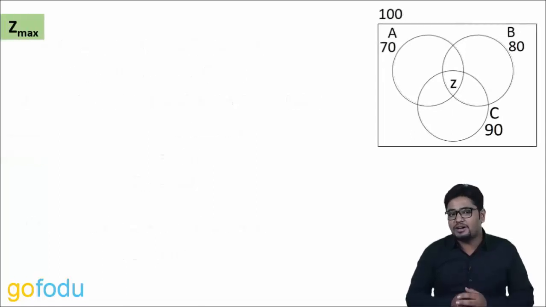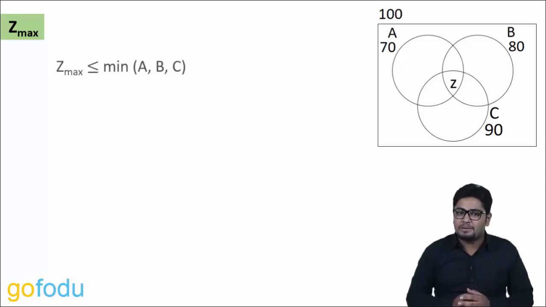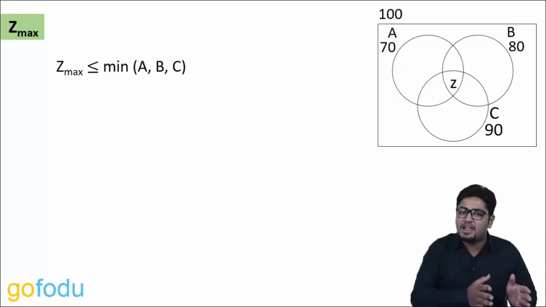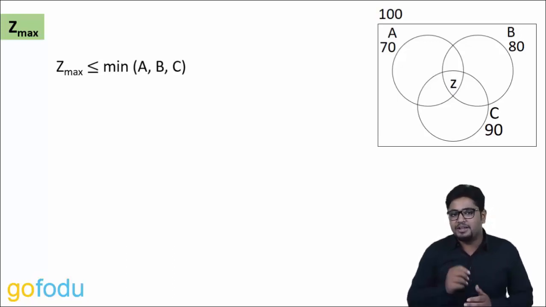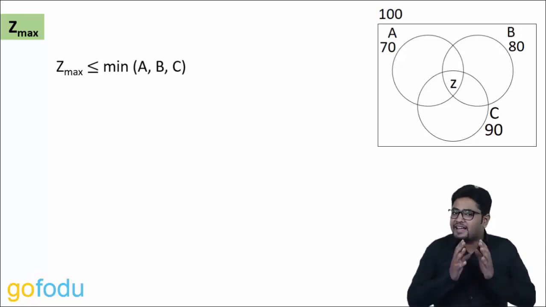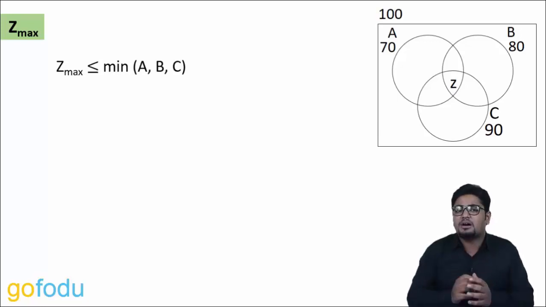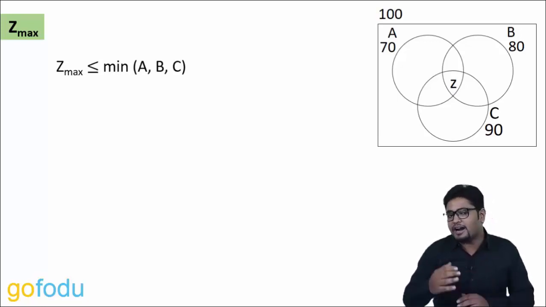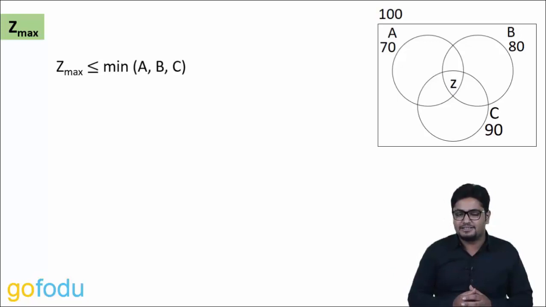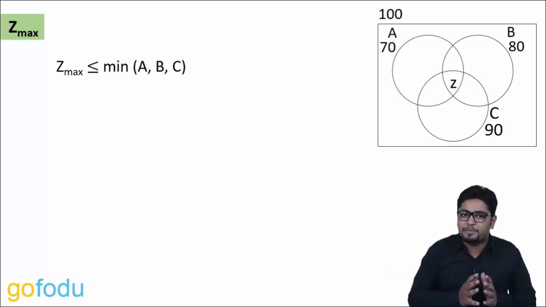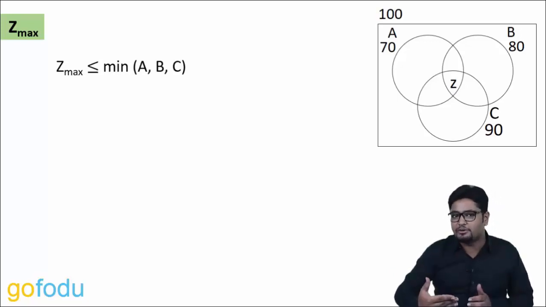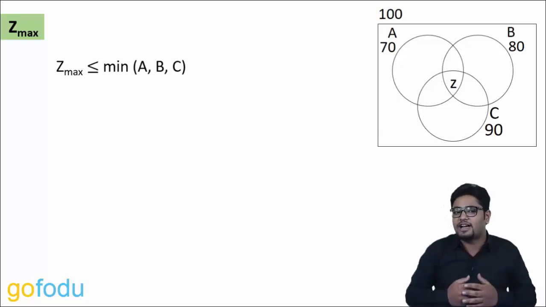Now, let's calculate Z maximum. Z maximum is definitely smaller than or equal to the minimum among A, B and C. The approach is, we take the set which is smallest among all. Then we look at the remaining two sets. We take the difference of the respective values from the minimum value and we add all the three values.